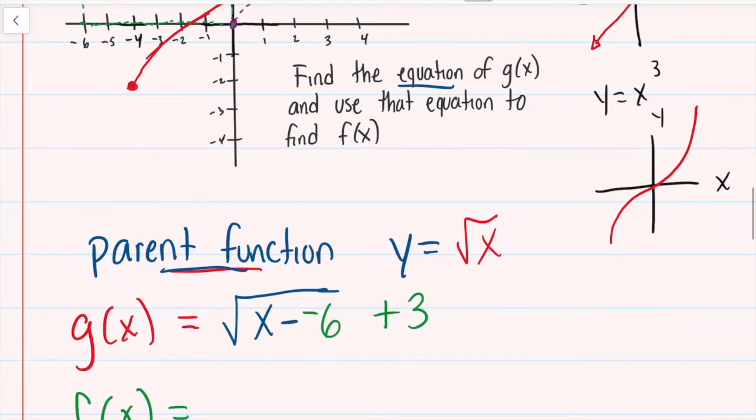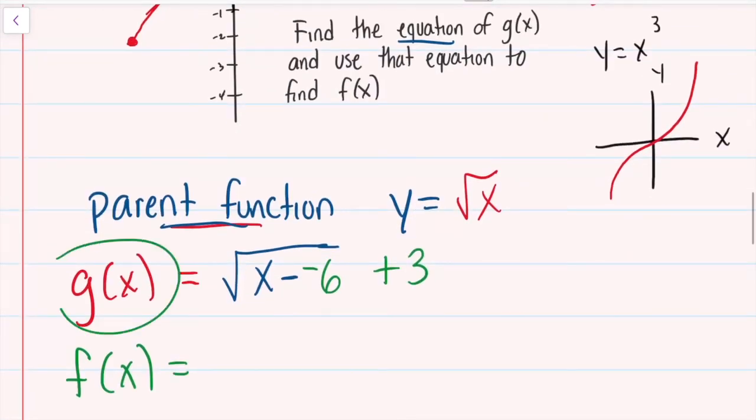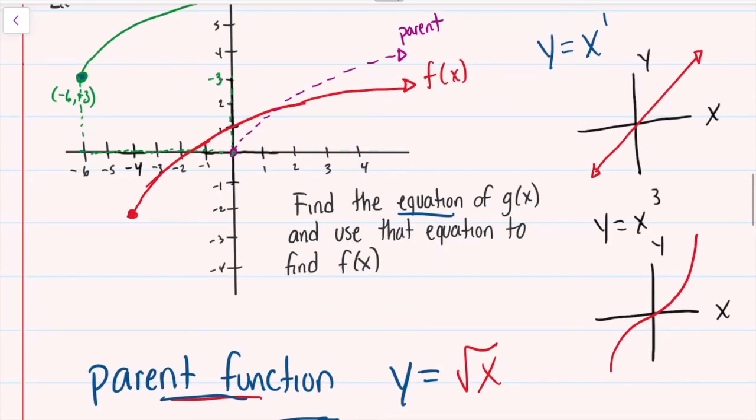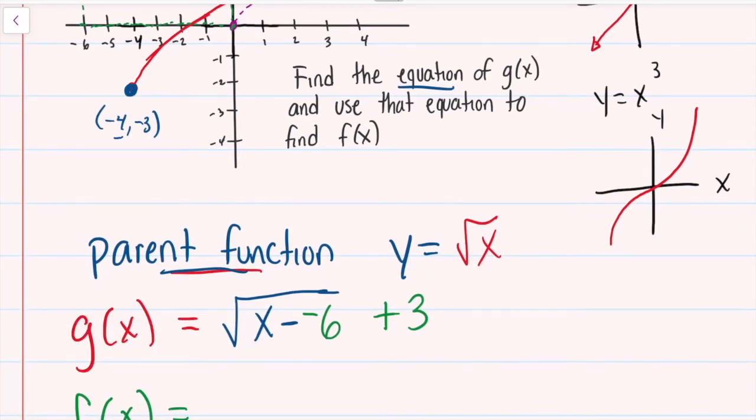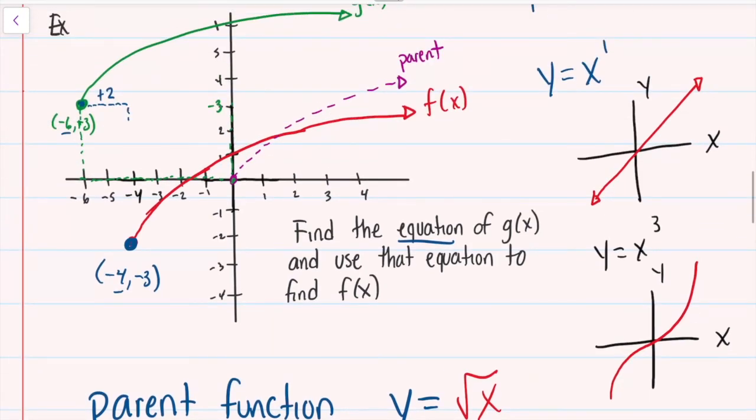Now, let's create an equation for f. All right, simple enough. Well, I want to get to this point. This point is my x is -4, my y is -3. Well, how many did I need to move to the right? If I'm at -6, I want to get to -4. I went +2. So to move side to side, I'm just going to add a 2. And to go down, how many did I have to go down?